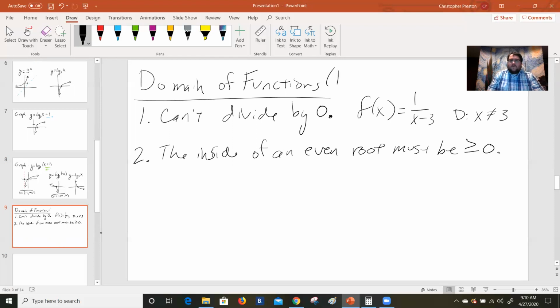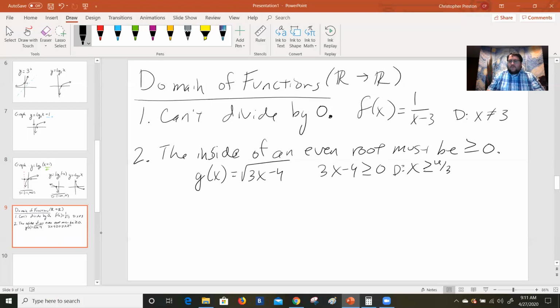That's because with functions, what you want to do is go from real numbers to real numbers. You put real numbers in, you get real numbers out. I don't want to put a real number in there and get an imaginary number, a non-real complex number. So that's what this restriction is. So if I had a function like this and I said, hey, 3x minus 4, what I'd want is 3x minus 4 to be greater than or equal to 0. And if I work that all out, I'd find that for my domain, x has to be greater than or equal to 4/3.